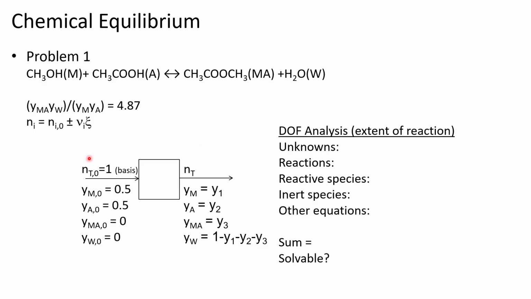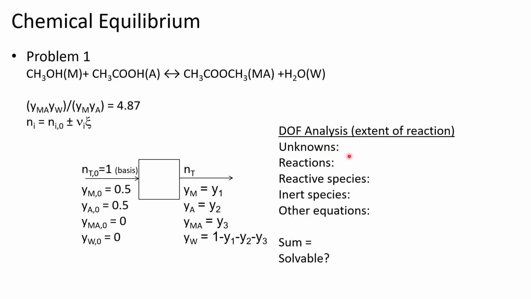To determine if this problem is solvable, we do a degree of freedom analysis for a problem in which we're going to do balances using the extent of reaction. We have to count the number of unknowns and independent reactions, as well as the number of independent reactive species, the number of inert species, and any other equations that we have. We sum those all up to determine if it's solvable.